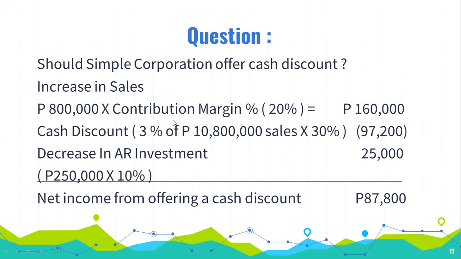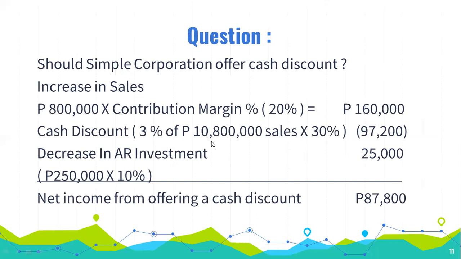Therefore, in analyzing the increase in sales, we need to consider the contribution margin. Kasi, pag sinabi nating contribution margin, na-deduct na dito yung variable cost. So that's why we will multiply 800,000 times 20%. So the effect is positive 160,000 pesos.